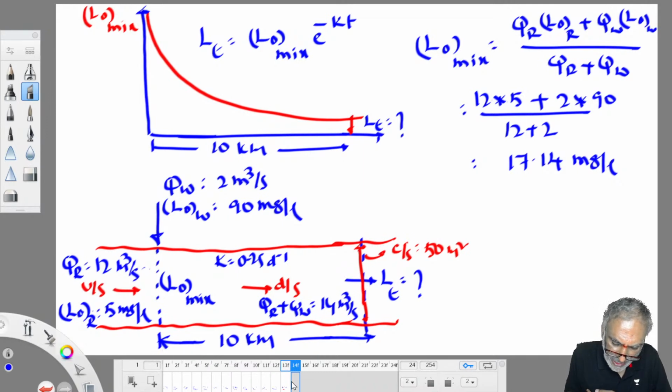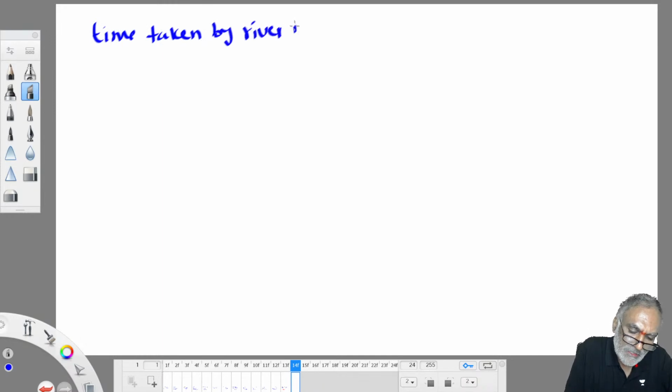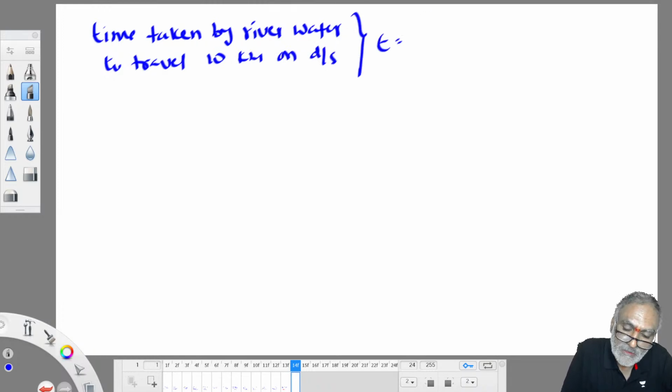T means time taken by river water to travel 10 kilometers on the downstream side. How to find out time taken by river water?